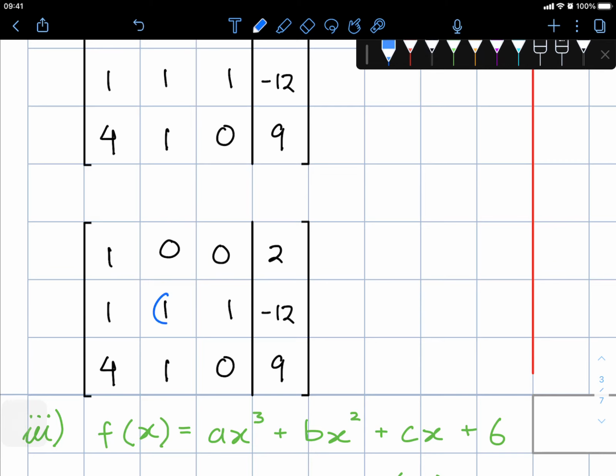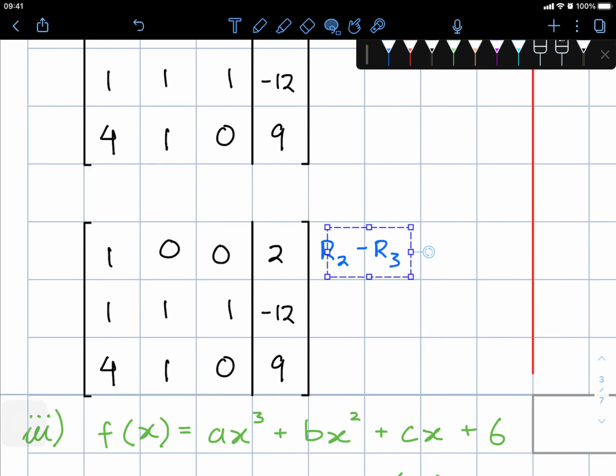I can make this a 0 by subtracting this 1. So row 2 minus row 3.